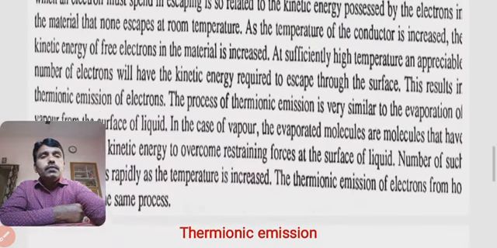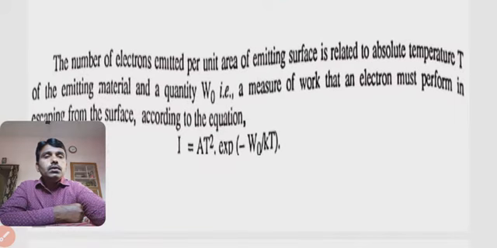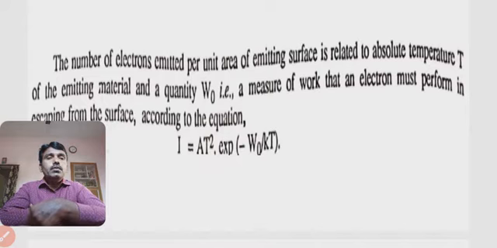As far as this emission is concerned, the number of electrons emitted per unit area of the emitting surface is related to the temperature and the nature of the emitting material, and to the quantity of work done, W0, which is the measure of the work the electron must perform in escaping from that surface.